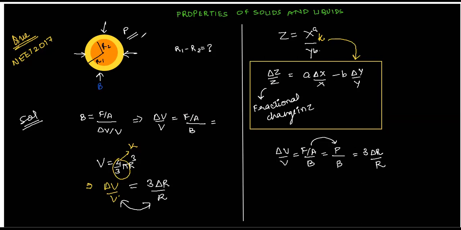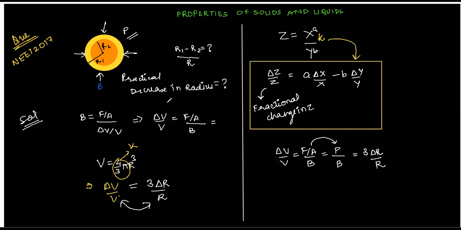Okay, so actually, I'll try to reframe the question. They are asking what is the ratio of change in radius upon original radius? Because the words they write are the practical decrease in radius, when they are asking this value.